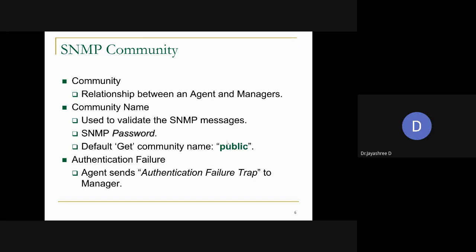You are not taking action against another person who grabs the name and tries to get the information. Nothing would happen; the agent just sends back a trap, a notification message to the manager saying something has gone wrong.